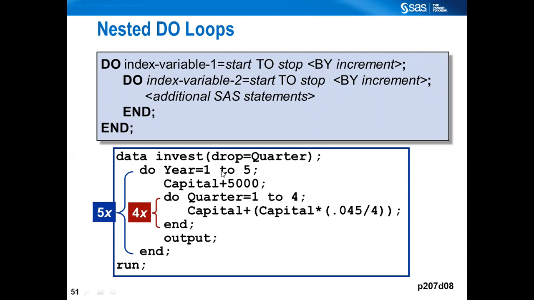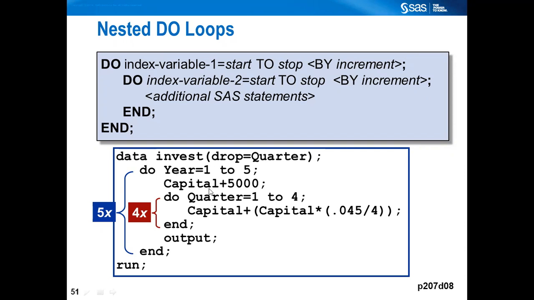So for every year, for 1 to 5, you are calculating quarters, and within every year you have quarters, so you write another loop within that. For every 1 year, it will calculate quarterly and output. So this output will result for every year, whereas this END is for your outer loop.